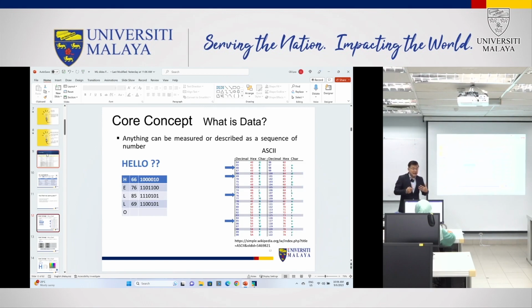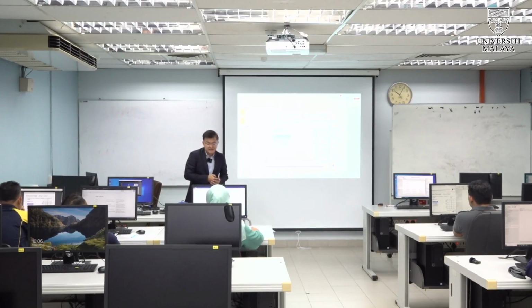So in order to understand what machine learning is, you need to understand what data is. So let's start with the core concept of data. In general, data can be anything that can be measured or described in a sequence of numbers.